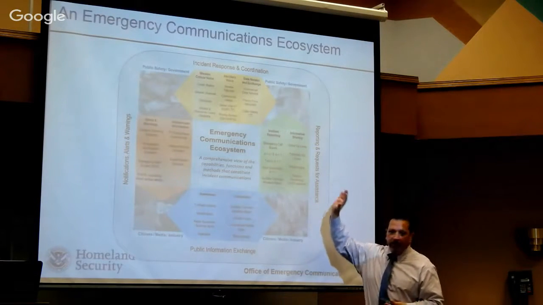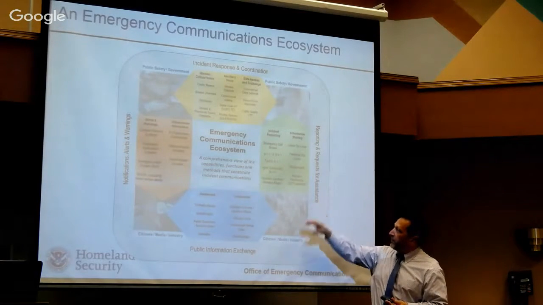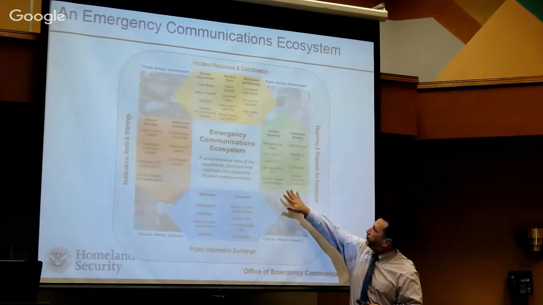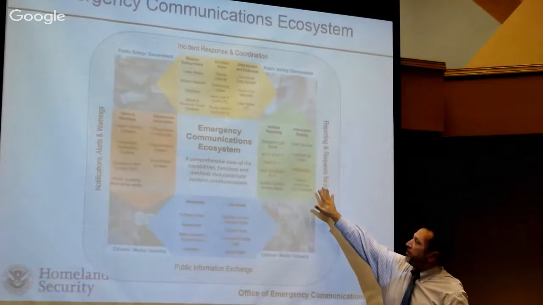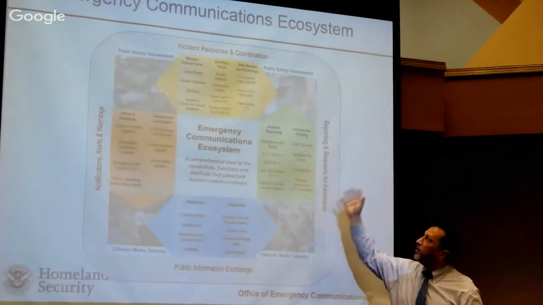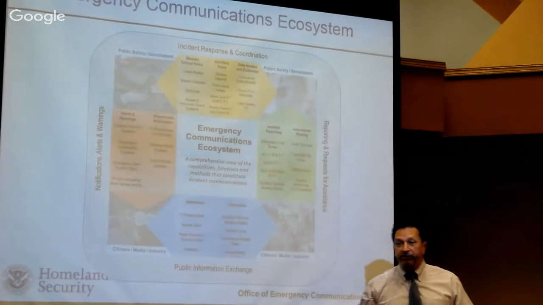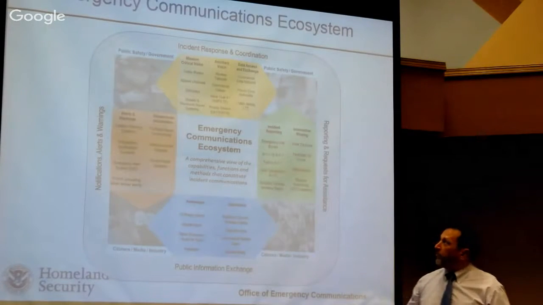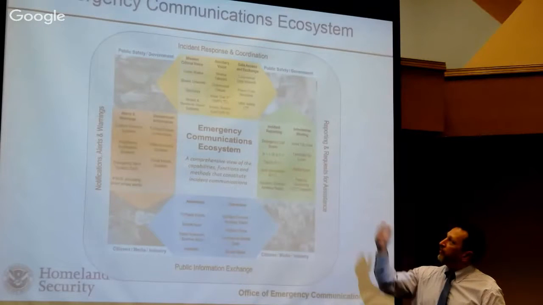The right segment is the citizen communicating with the government or public safety. It's broken down into the types of technologies or systems that are used, and the types of information that's shared. The top segment is government to government, how public safety communicates with each other or with other government agencies using mission critical voice, backup voice, and also data.